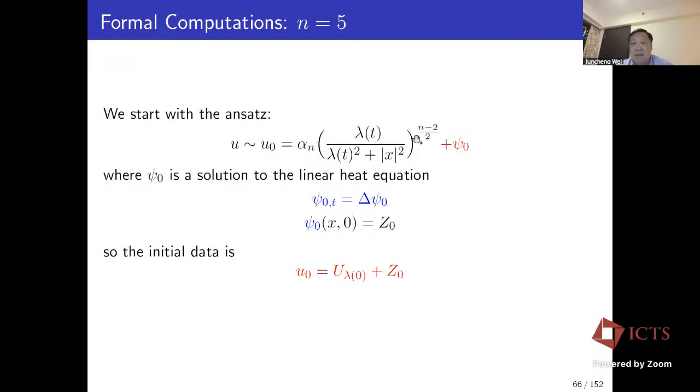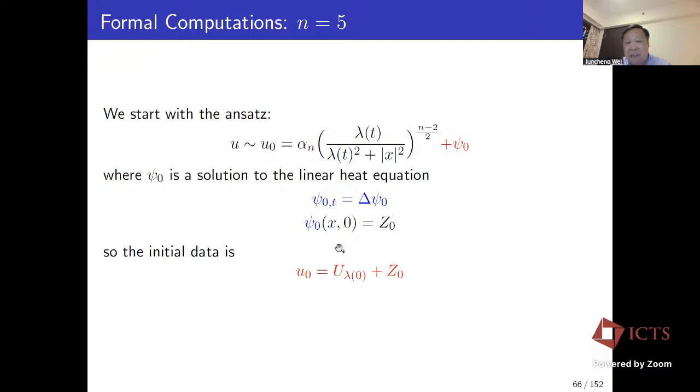So we assume radial symmetry, okay, and this is the Aubin-Talenti bubble, and suppose our solution is the Aubin-Talenti bubble plus some L infinity function. And we assume that this L infinity function is a solution to the linear heat equation.